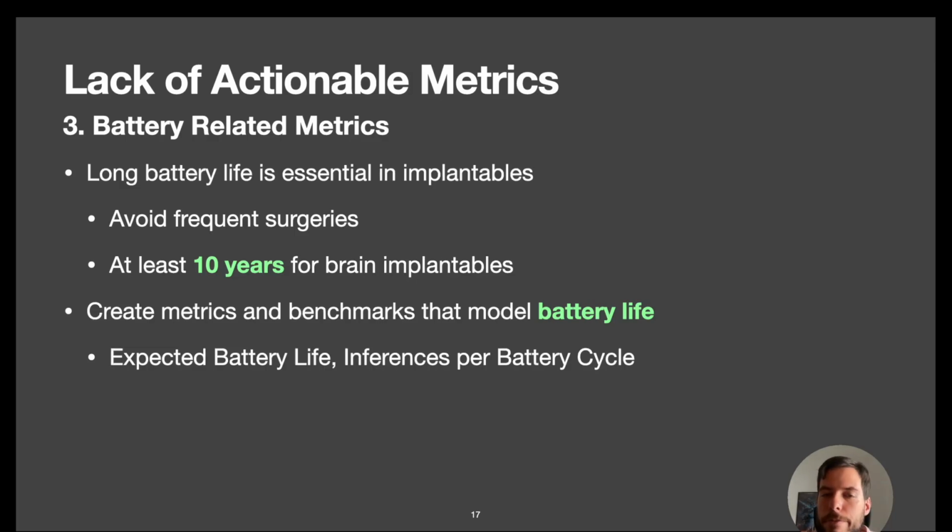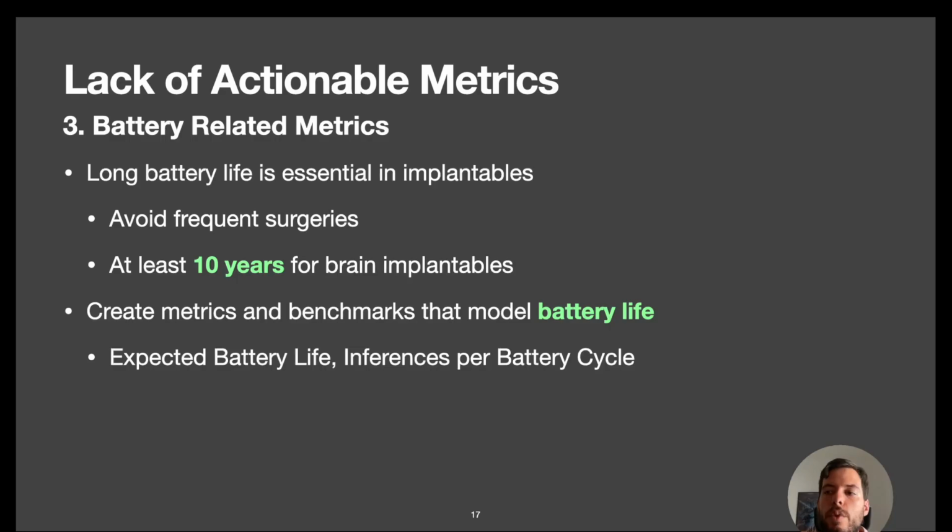A third relevant direction here is battery-related metrics, because in implantables, long battery life is essential. Basically, the battery is implanted together with the chip, and it needs a brain invasive surgery to replace this battery. So as a rule of thumb, a brain implantable battery should last 10 years at least to avoid frequent brain surgery.